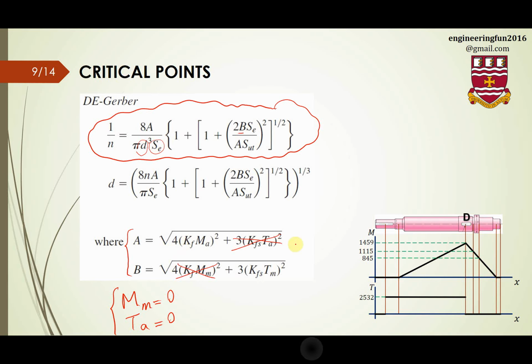So the first one will be simplified to 2 Kf Ma, and the second one will be square root of 3 Kfs Tm, and I just need to substitute the amounts of Kf and Ma here.